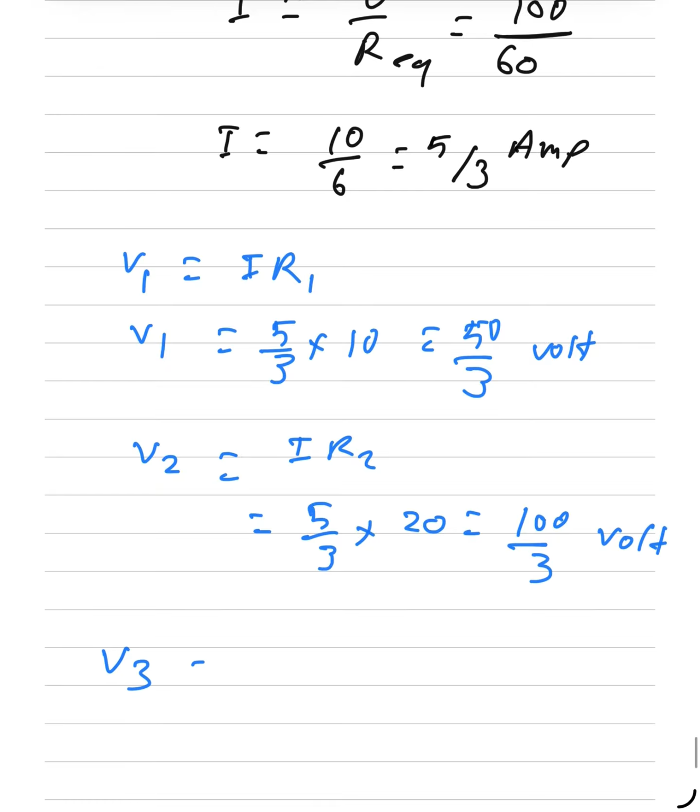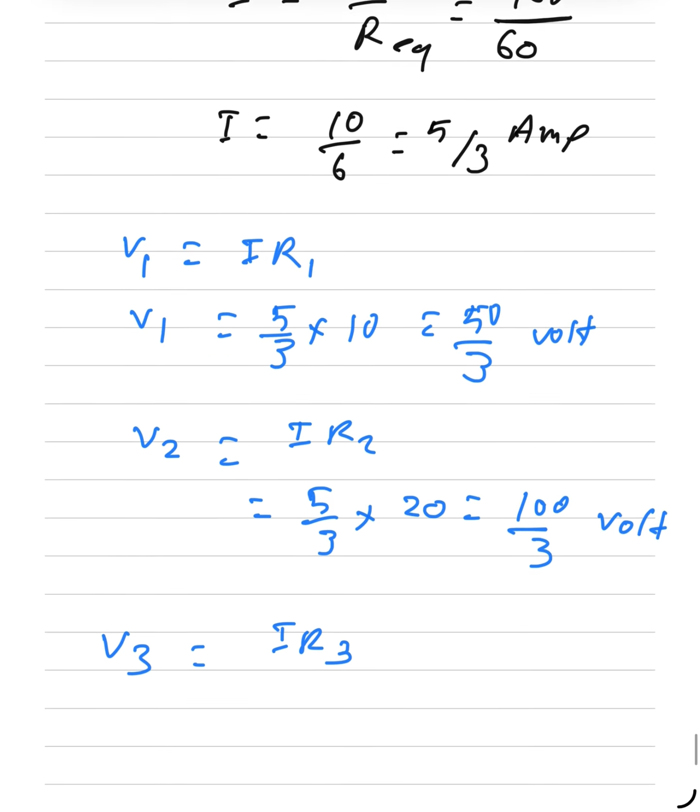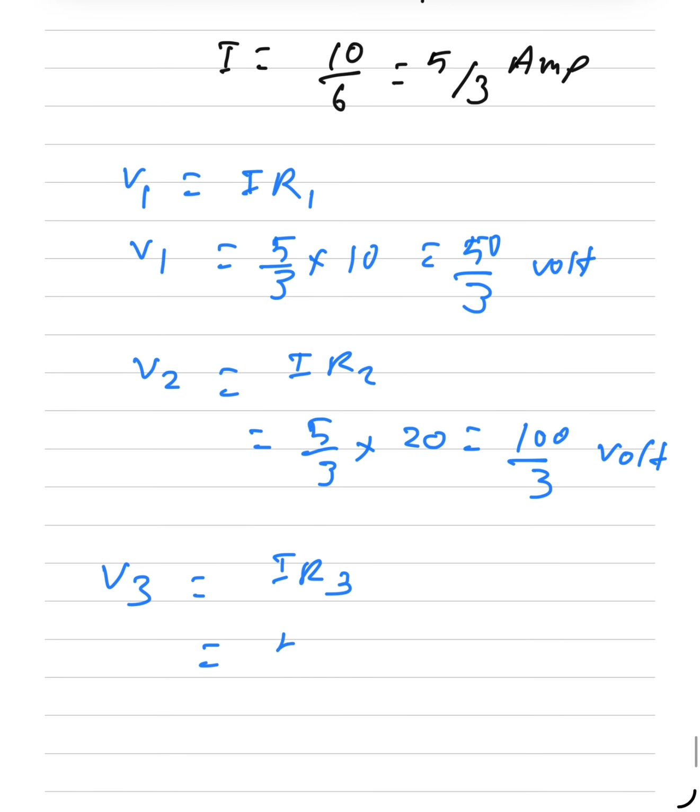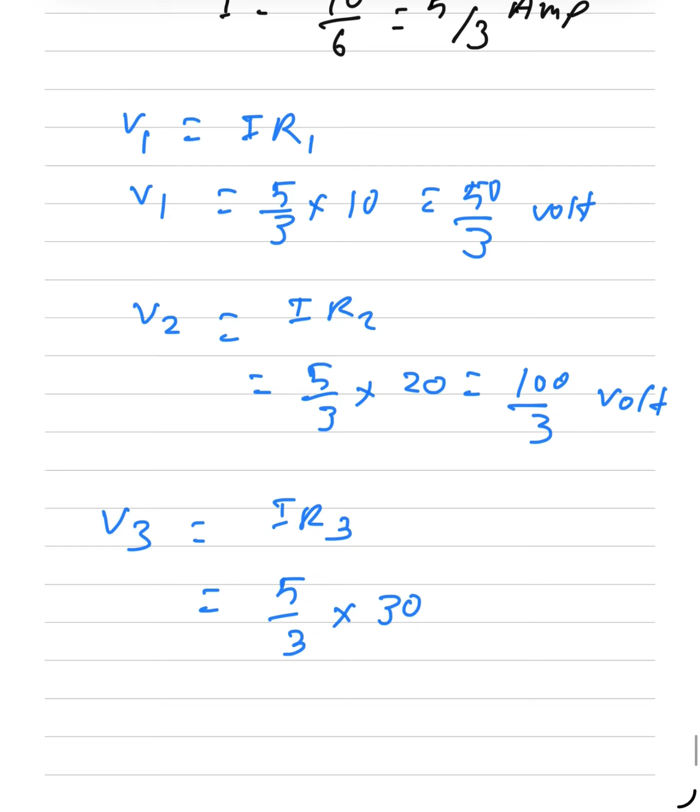And the potential difference V3 across the third resistance is I R3 from Ohm's law: 5 by 3 multiplied by resistance 30, meaning 150 divided by 3 volt, which can be simplified.